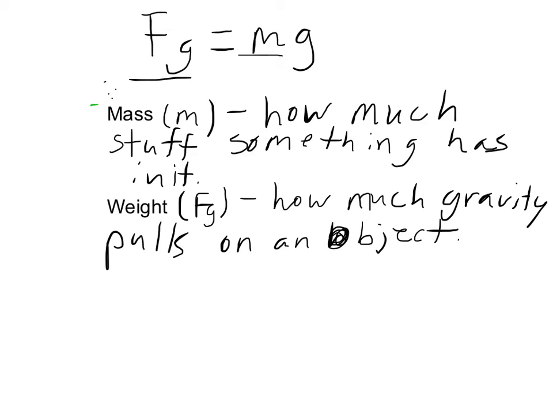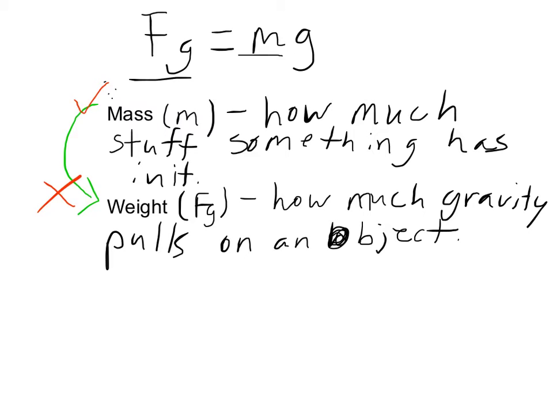The more mass something has, the more weight it has whenever there's gravity. But if there's no gravity, so let's assume that gravity goes away, if we get rid of gravity, there is still mass, because gravity does not affect how much something has in it. But if we get rid of gravity, there's no longer weight. Weight requires there to be gravity.